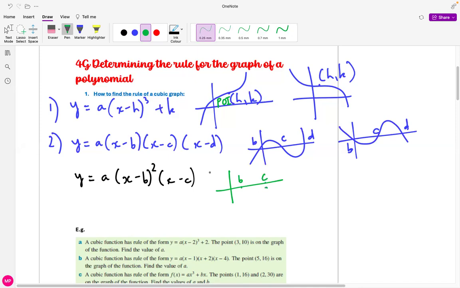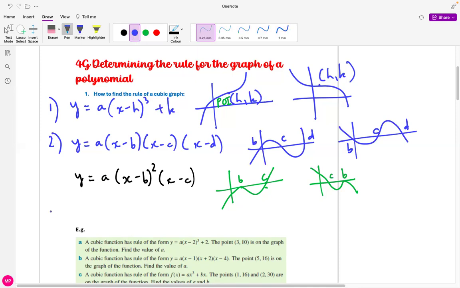Then my graph, I start from the bottom, then I go to b, and at the b there's a square, so I form a parabola. Then I go to the c, and it looks like that. So use this form when you have a parabola form at the x-intercept, so you need to have the square on this. And similarly, if I have a shape that looks like this, if you form a parabola here, then that has to be b here, and that's c.